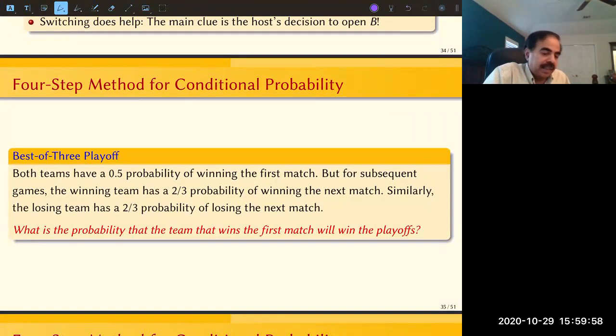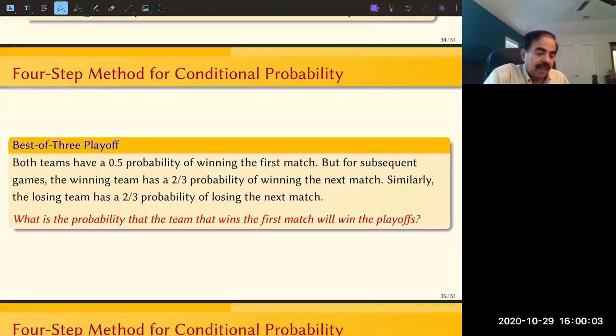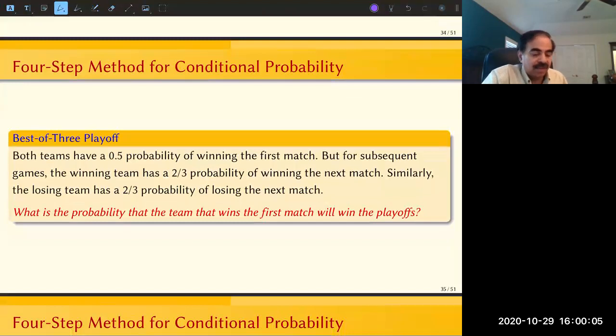So let's say that there is a playoff between two teams, and the teams are evenly matched. So when they play the first game, there is a 0.5 probability for each team to win the first match.